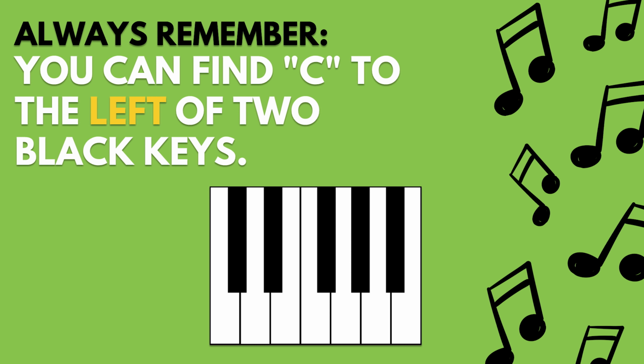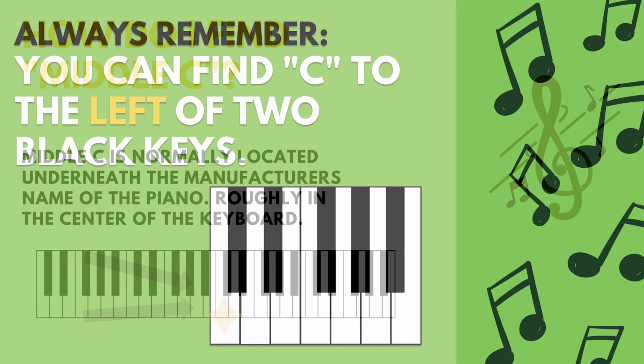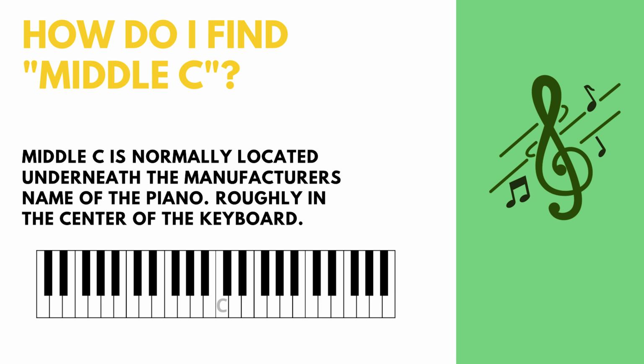Repeated, the note C is always found to the left of the 2 black keys. You will normally find middle C roughly in the center of the piano, and under the manufacturer's name, and again consistently to the left of 2 black keys.